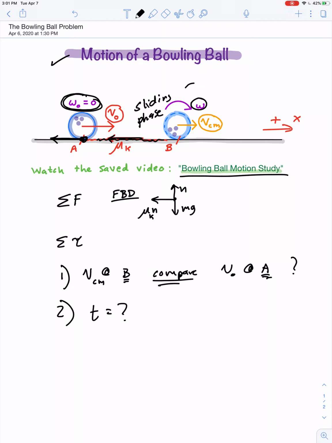But from point B onward, now the ball has gripped the lane, so to speak, and from there on, you get pure rolling motion, or rolling without slipping. And in that case, the velocity of the center of mass is equal to the angular velocity times the radius of the bowling ball.